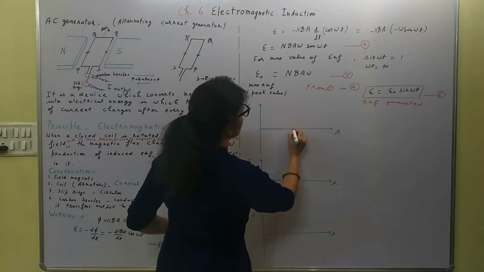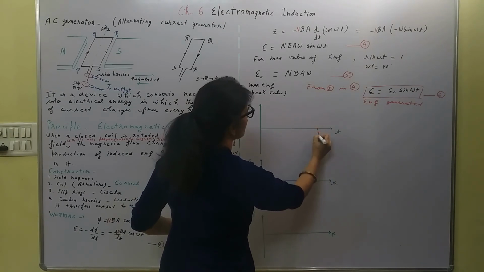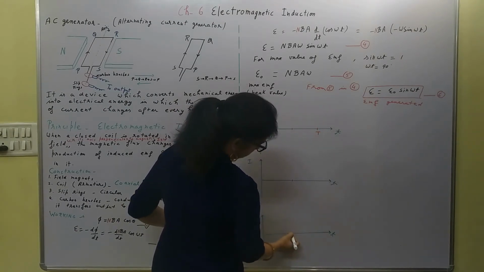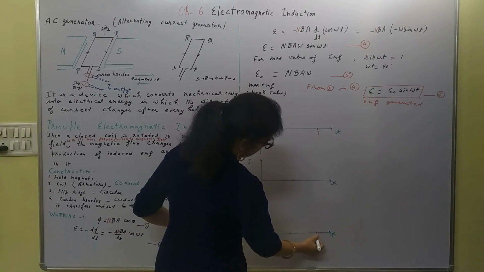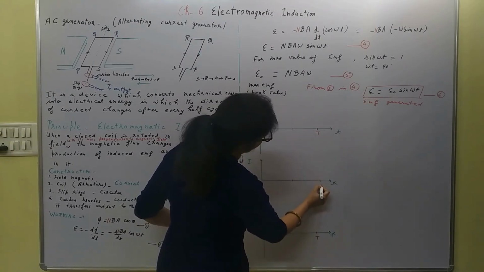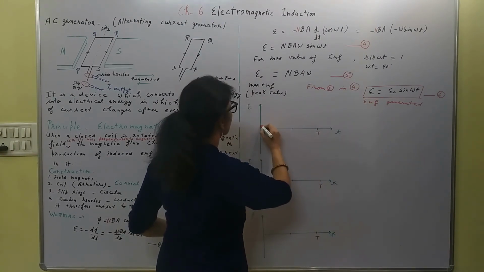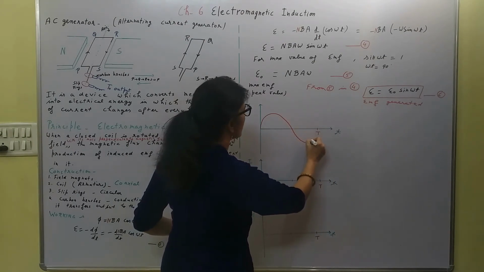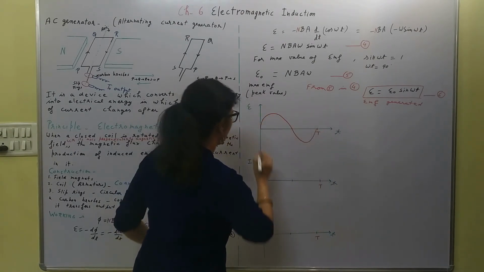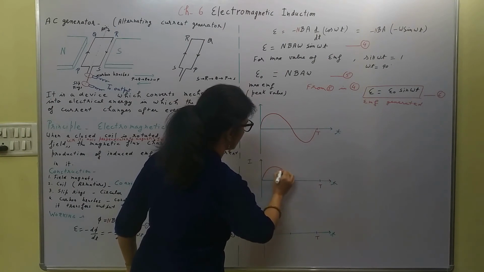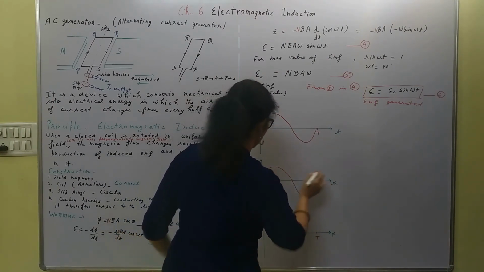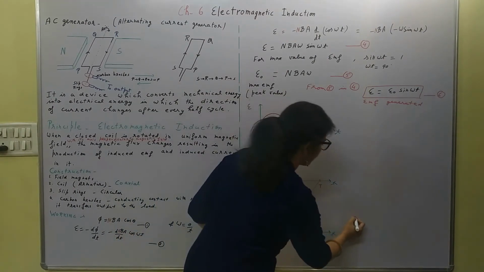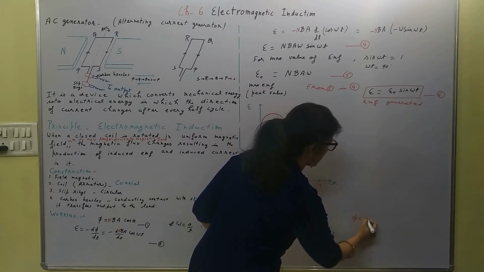We can mark the complete time period by T. So for EMF it is a sinusoidal graph, right? For current also it is a sinusoidal graph, right? But what is the formula for flux?